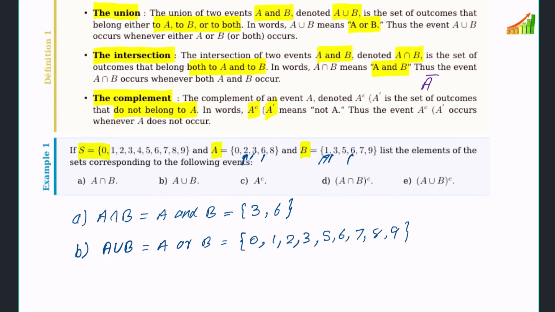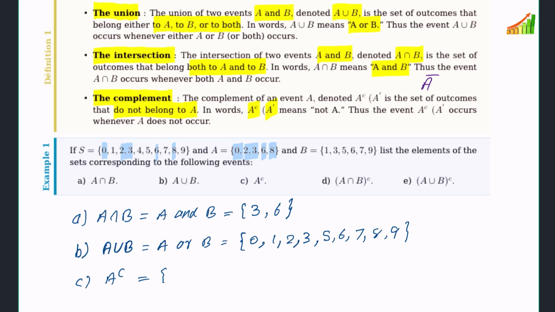Now, how do we write the complement? A complement means all elements not in A. Let me consider A and S. We need to compare A with the sample space. A has 0, 2, 3, 6, 8.